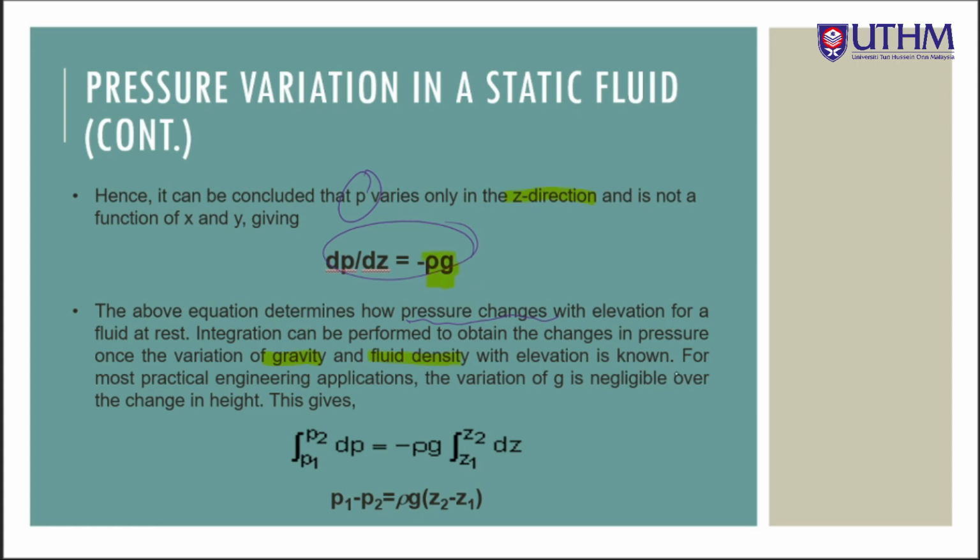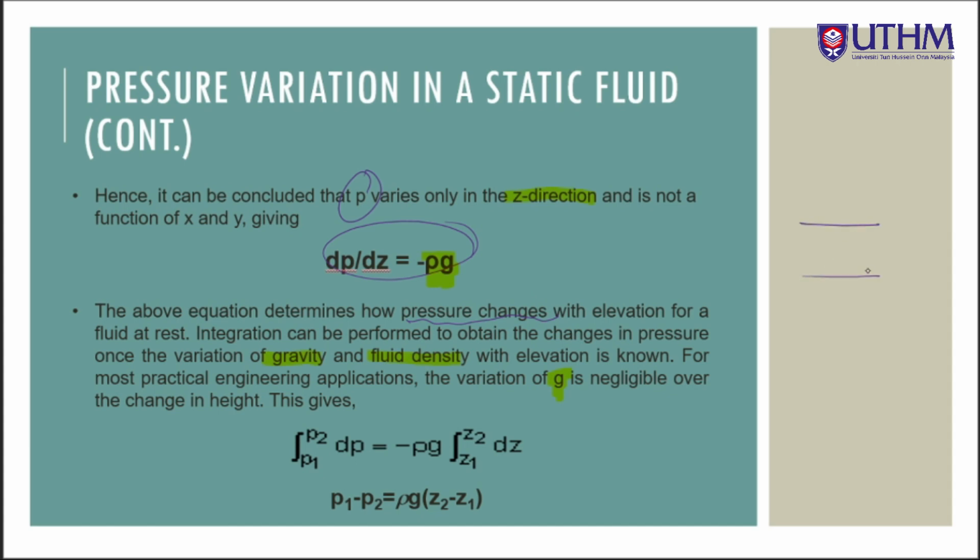Where elevation is known. For most practical engineering applications, the variation of g is negligible. So sometimes g is negligible over the change in height. Sebab kita consider perbezaan in terms of gravitational force adalah tak banyak beza. Tahu kan g ni macam mana gravitational force?